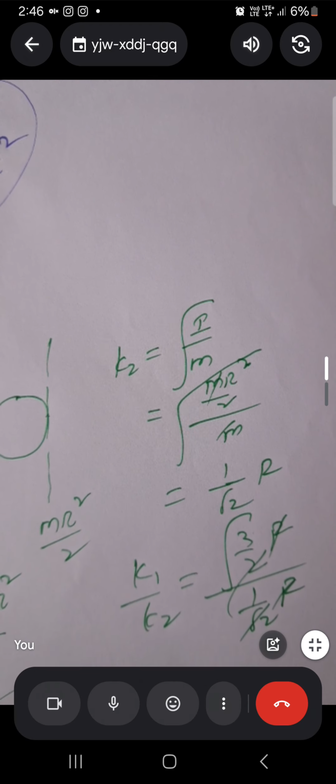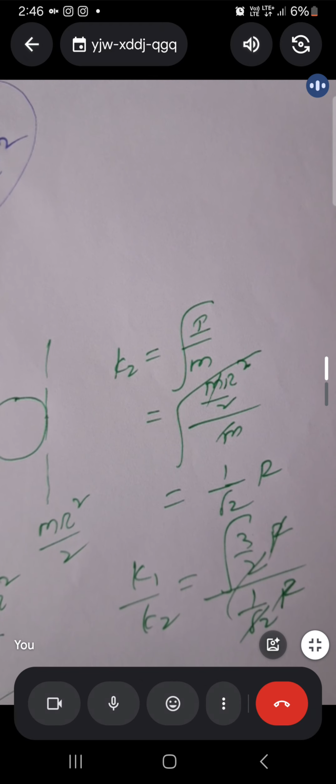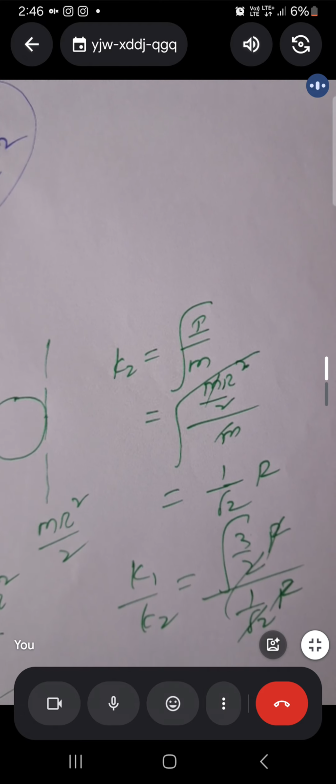Okay, I think already we solved this question also. 3 by 2 mr square, correct? And this one ring, same moment of inertia.